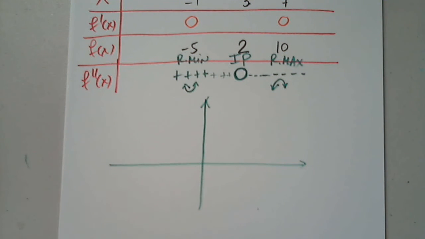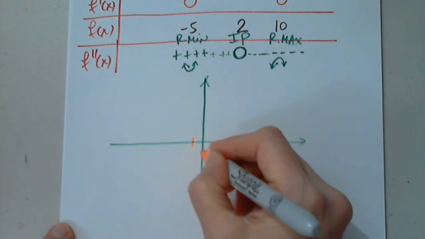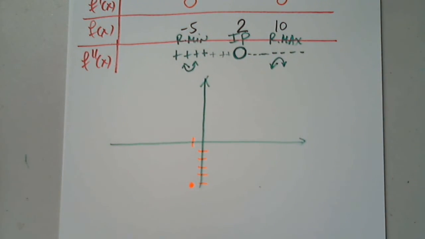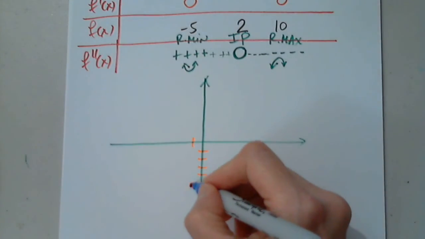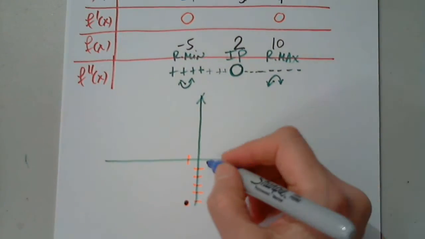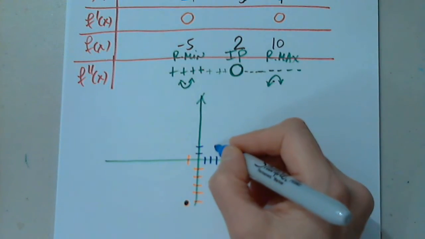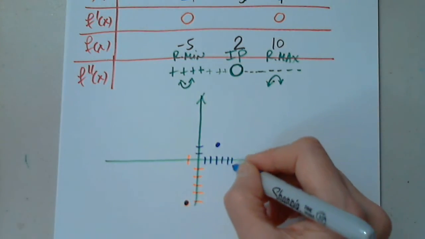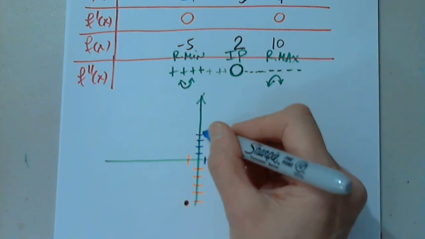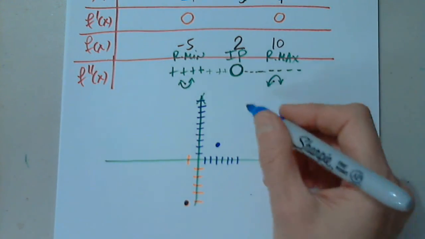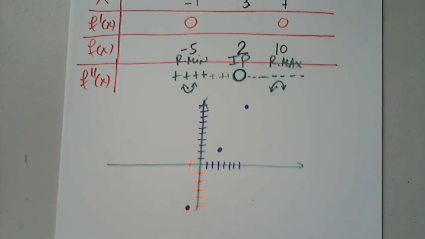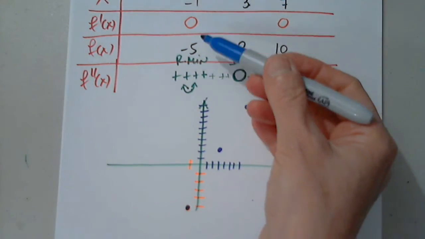I will start with the points, like we always do. -1, -5. I don't think that this is a good color. 3, 2. And 7, 10. A relative minimum.